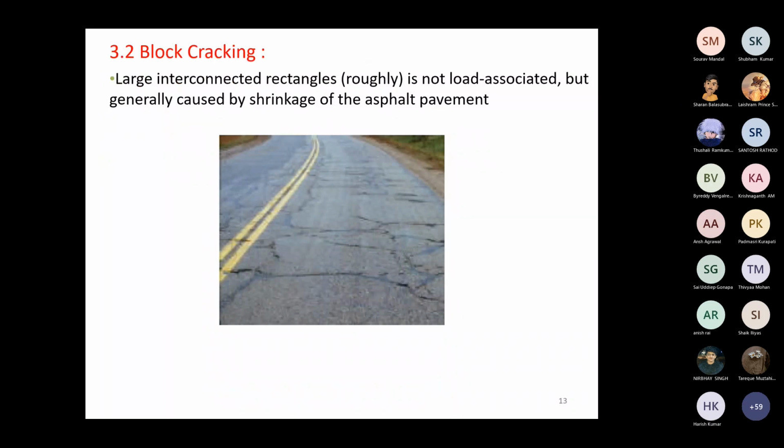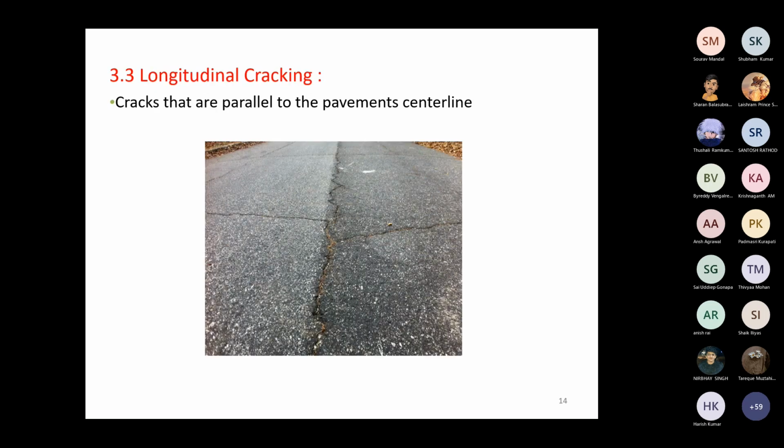The next is block cracking. These are large, rectangular interconnected cracks. It's not load associated, but generally occurs due to the shrinkage of asphalt pavement. It's like large interconnected rectangles. Then there are longitudinal cracks, which are parallel to the pavement center line. They develop along the pavement center line.